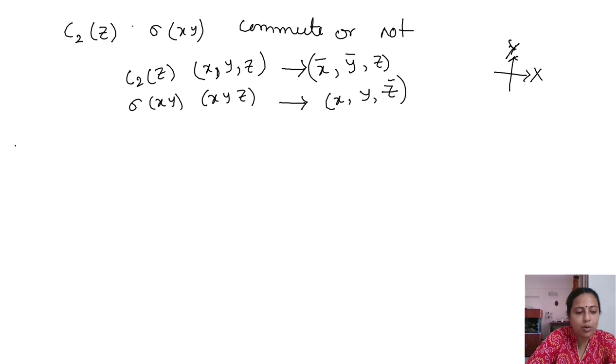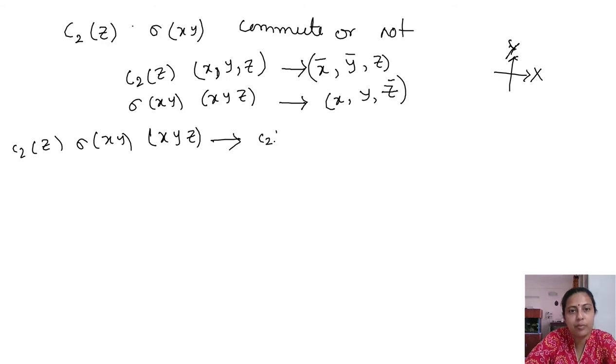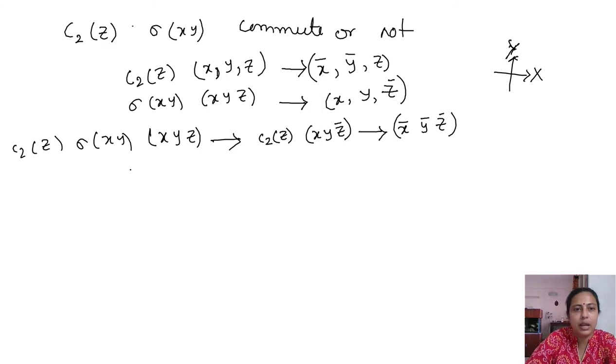So let me try it out: C2Z and sigma XY on X, Y, Z. First that is going to give me X, Y, Z bar, and finally X bar, Y bar, Z bar. On the other hand, first let me do C2Z and then follow with sigma XY on the same coordinate.